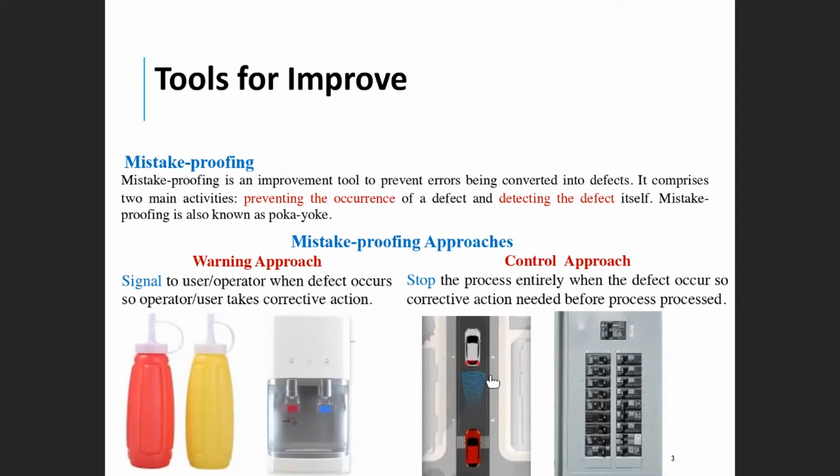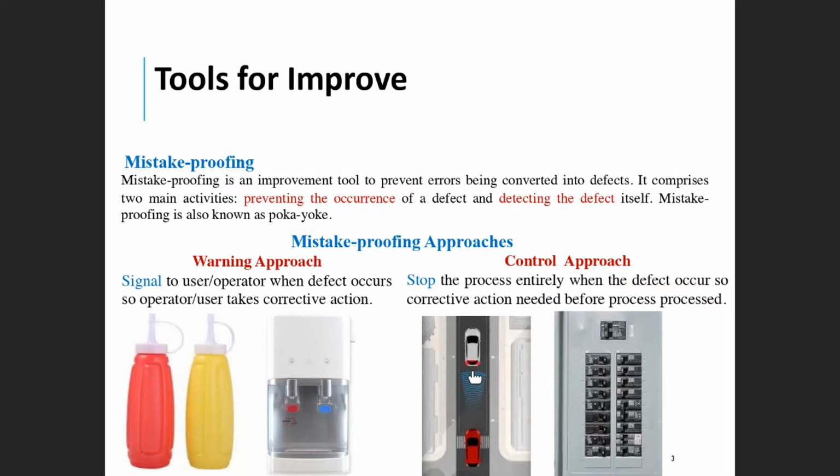The control approach can also be found in different applications in our daily life. Nowadays, cars are equipped with an adaptive braking system that will stop the car completely before an accident. So if you get very close to the car in front of you and you are about to crash, the adaptive braking system will automatically control the car and stop it.